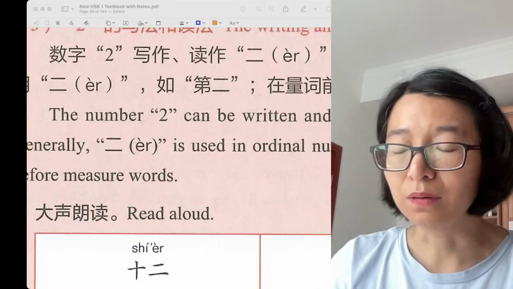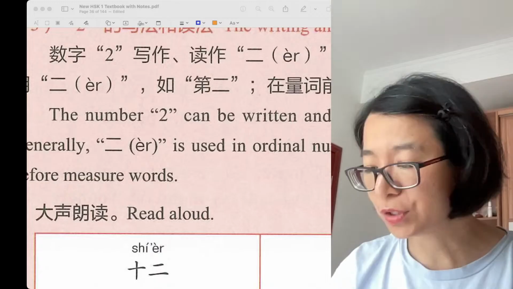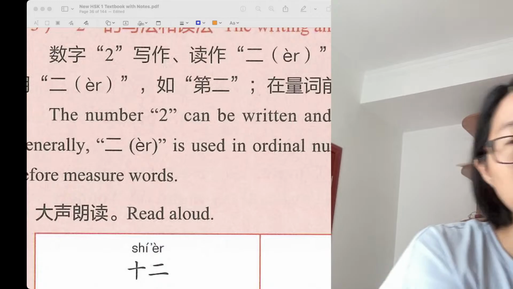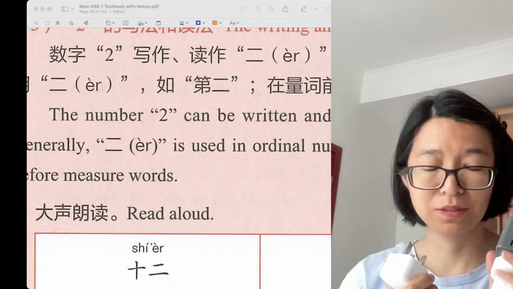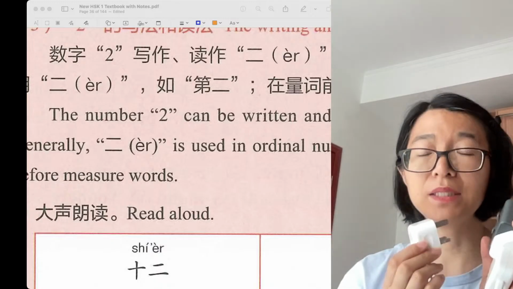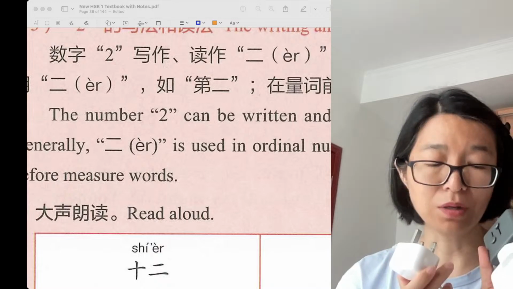Oh, for example, I have 2 chargers, let me show you something. Charger in Chinese is 充电器. So I have 2 chargers in Chinese.